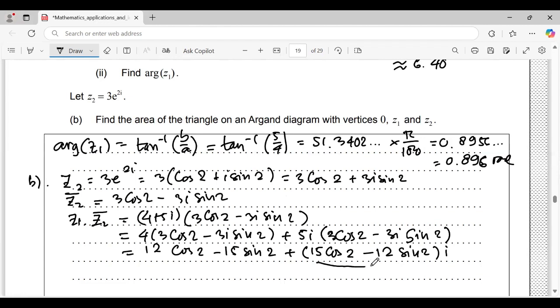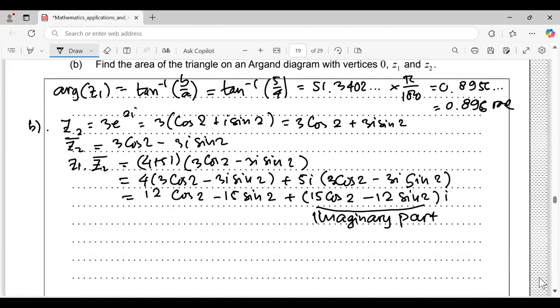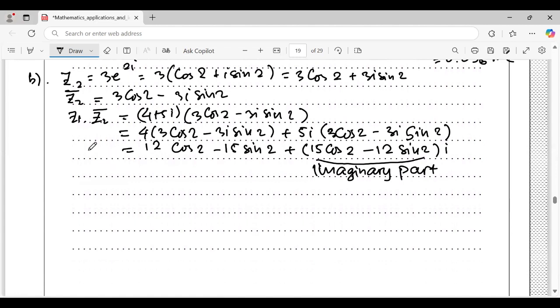This is the imaginary part of Z1 times the complex conjugate of C2. So the area equals 1/2 times the modulus of the imaginary part of Z1 times the complex conjugate of C2.